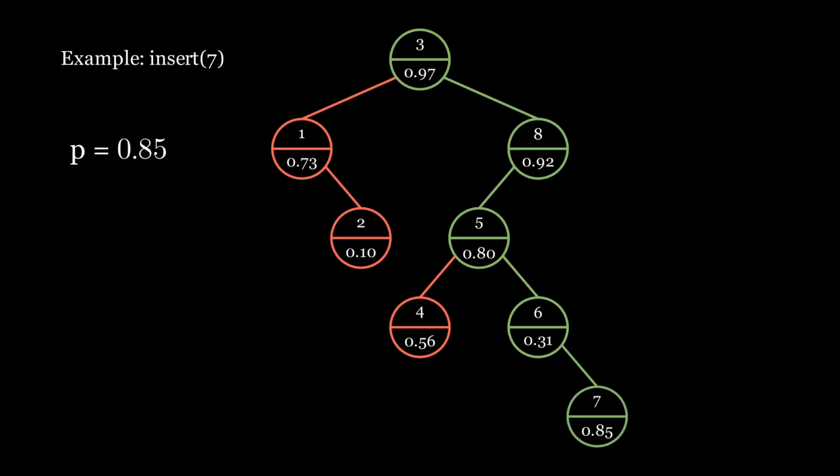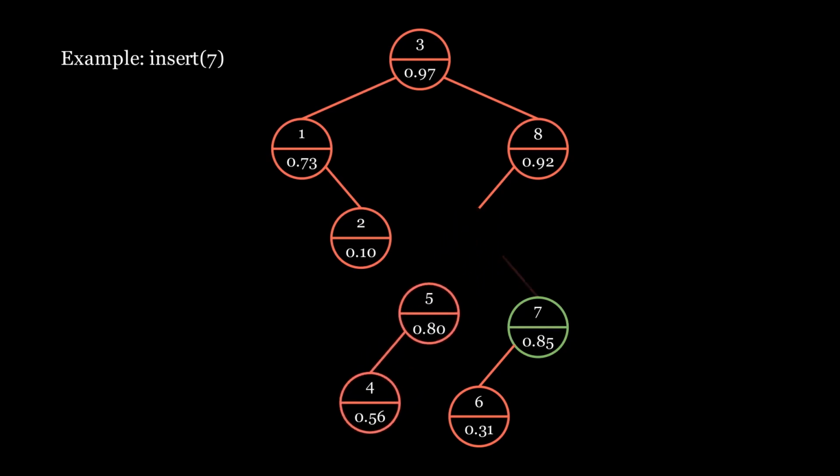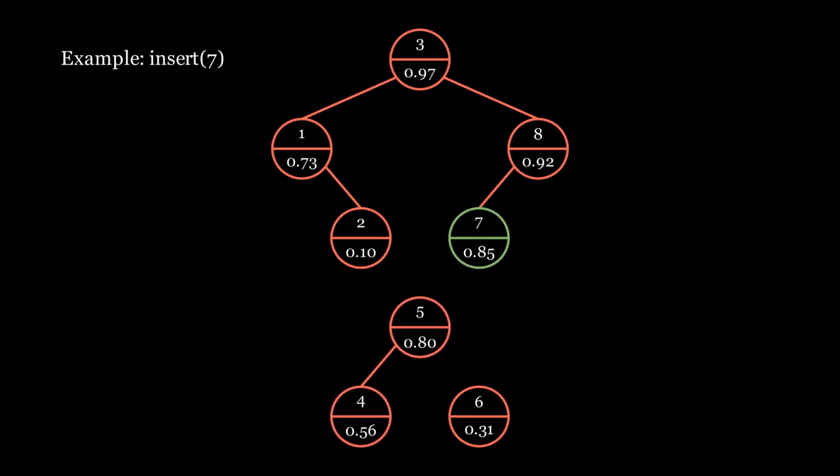But now, the priority of 7 is greater than the priority of 6. Since 7 is the right child, we must do a left rotation. Once again, 7 has a higher priority than 5, so we'll do another left rotation. 7 now has a lower priority value than its parent. Perfect. The treep's properties are upheld.